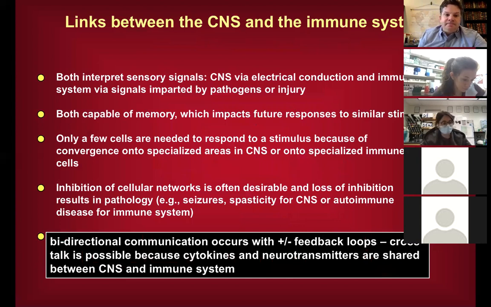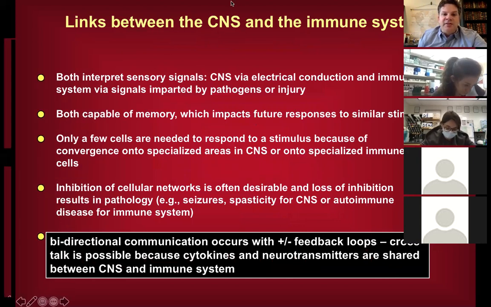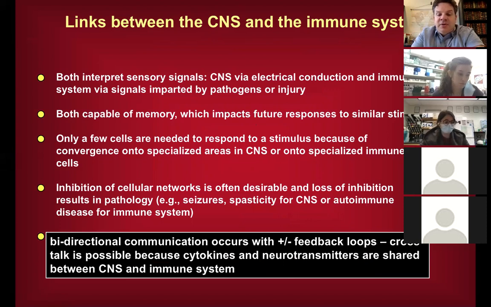Okay, so there's a lot of words on this slide. This slide gives you the links between the CNS and the immune system. I can read all these to you, but I think most of you can read pretty well yourselves. But here in the black box is really what I want you to remember from this slide: this bidirectional communication between the brain and the immune system occurs because there's positive and negative feedback loops.